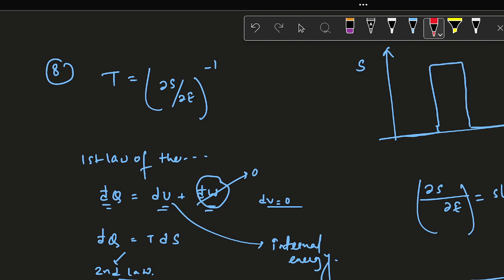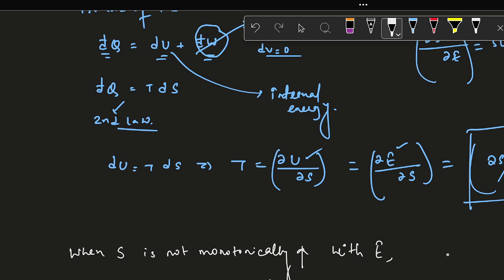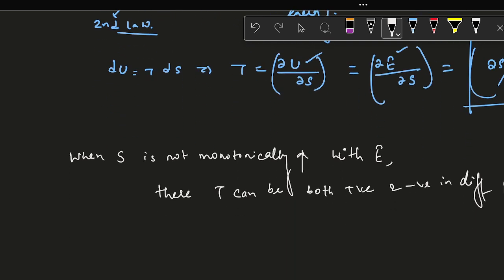So in those example cases, let me write this, in this type of a plot, when entropy is not monotonically increasing with energy, the temperature can be both positive and negative in different parts of the graph, as we just saw, right?